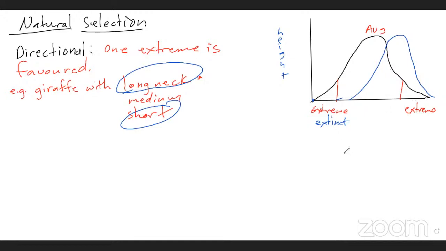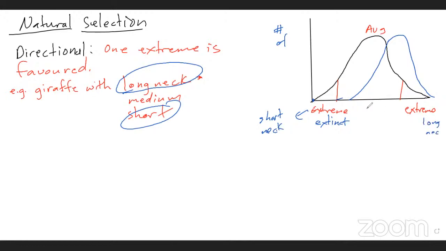But do you think the extremes stay at the same place, and the peak would just shift a little and bend? Hold on, remember the two extremes we have. This extreme out here would be the one with the short neck, and the one out here would be the one with the long neck.